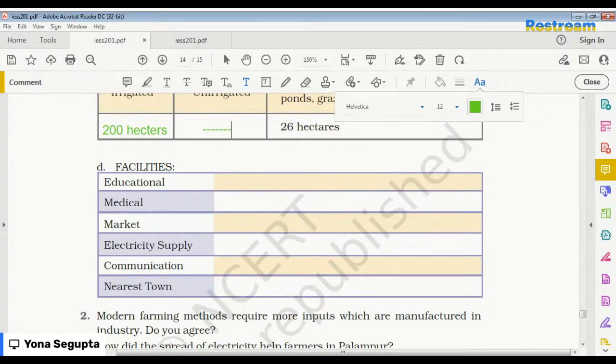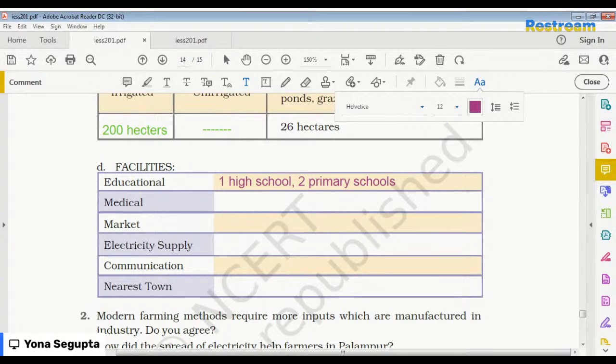And one high school, only one, which is for higher education, till 12, you can say. So I'll write the answer down. This is the answer.